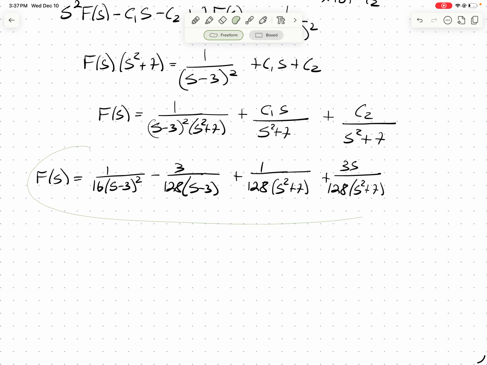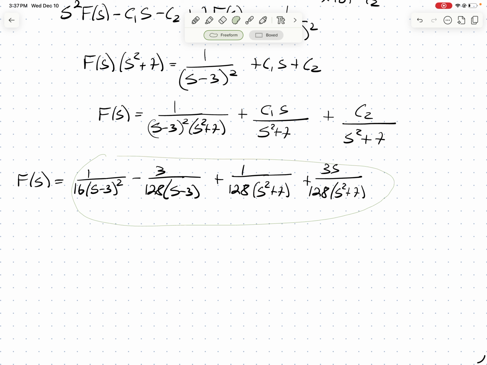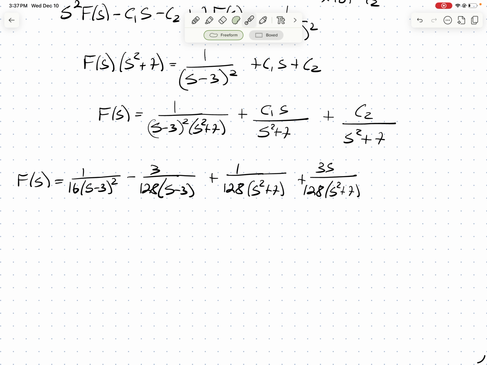That's the partial fraction decomposition of just the term on the left there. So now I've got to squeeze the other terms in there. So we'll write those, c1 s over (s squared plus 7) plus c2 over (s squared plus 7). Okay. So we could try and combine some of these things. I almost feel like it's easier, and I think you'll see why, to just inverse Laplace them one by one, and then we're going to see some things that combine in the end. But there are different ways to do this.